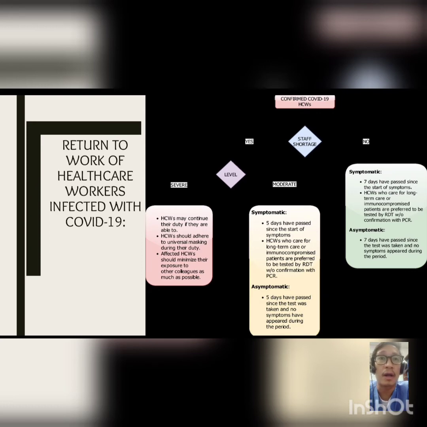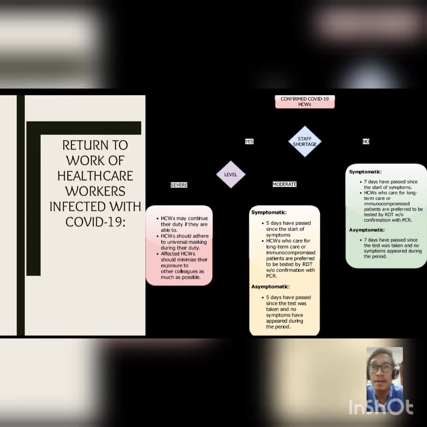Any healthcare worker who cares for long-term care or immunocompromised patients is preferred to be tested by RDT without confirmation with PCR. Now, for those healthcare workers who, from the beginning that he or she was confirmed to have COVID-19, is asymptomatic, 7 days have passed since the test was taken and no symptoms appeared during the period.